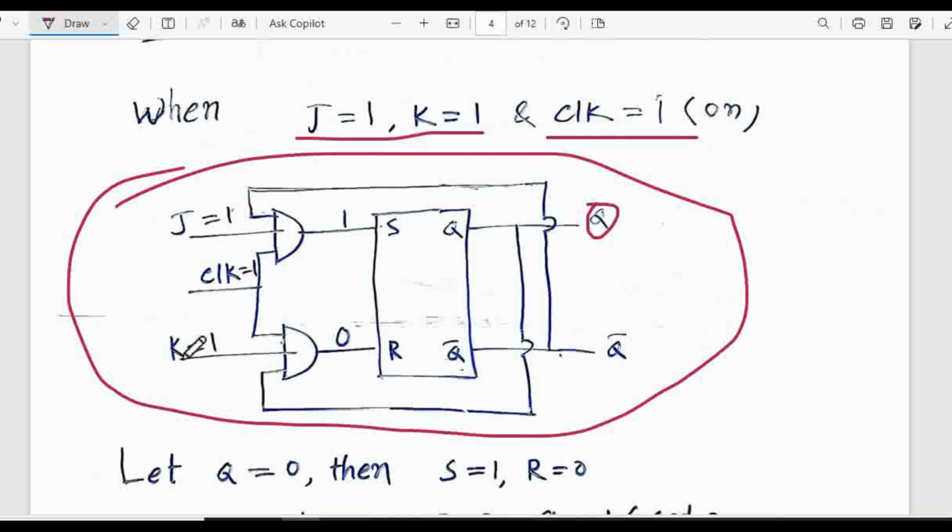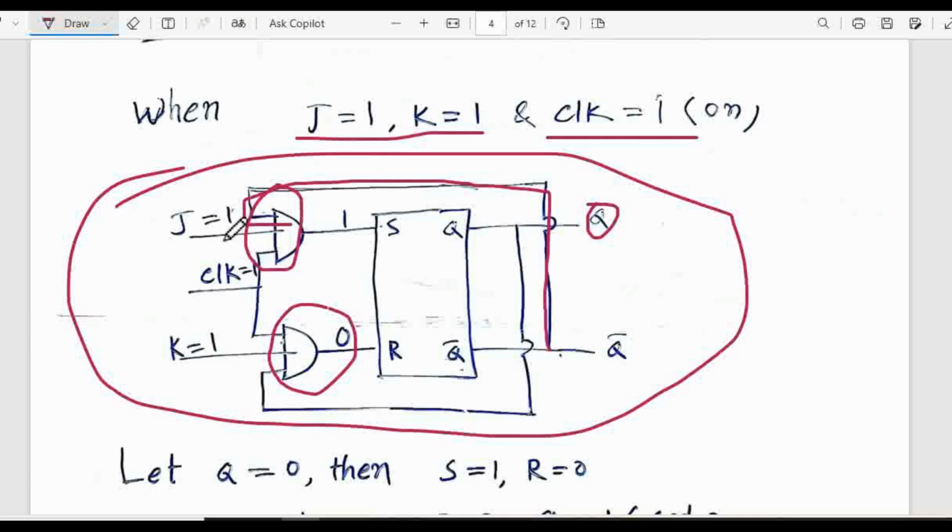So whatever be the other input of this lower AND gate, that is k equal to 1, you are also giving Q equal to 0. When any input of an AND gate is 0, the resultant output is 0. But in the upper case, as Q is 0, Q bar is 1, and 1 is connected to this AND gate.